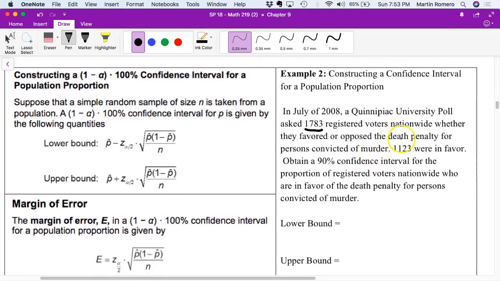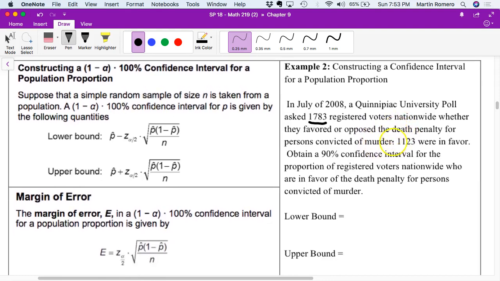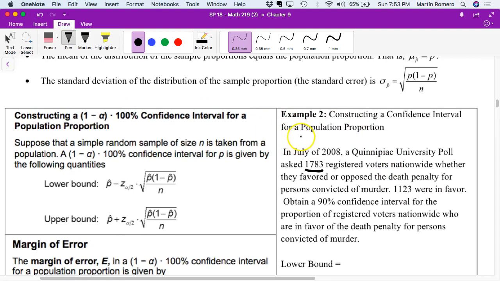And so in this case here, okay, what are we going to do? Well, a confidence interval again is a point estimate plus or minus margin of error.